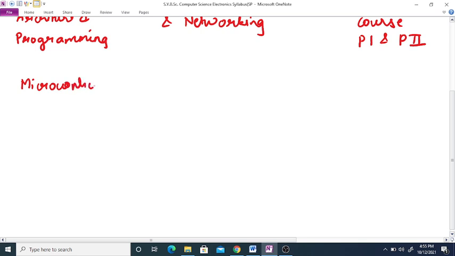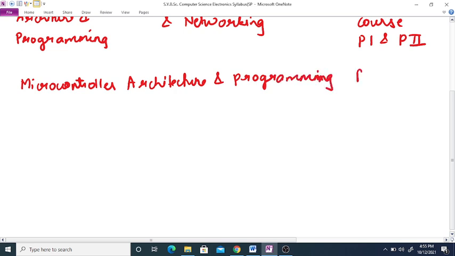Microcontroller, architecture and programming. Paper first. Now in this paper we have 4 units.